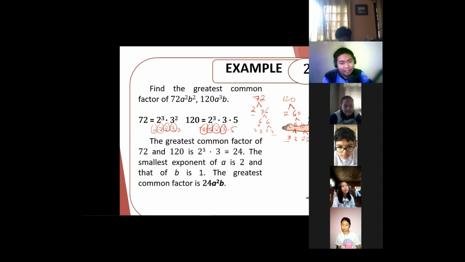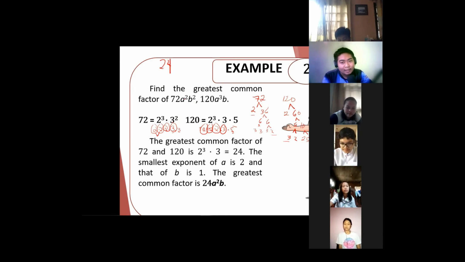How about the other 3 and the 5? Are we going to get them? No. Therefore, that would be 2 times 2, 4, times 2, 8, times 3, that would be 24.